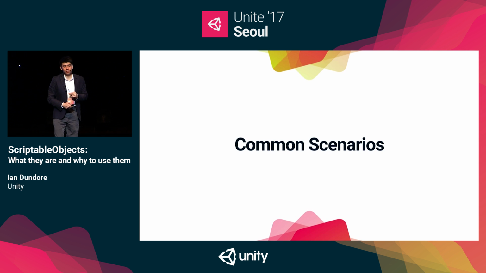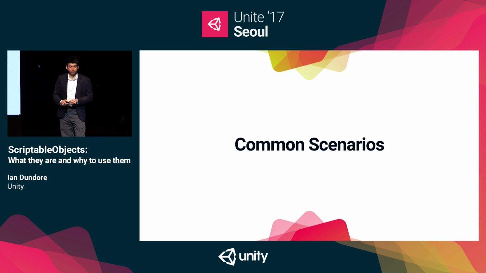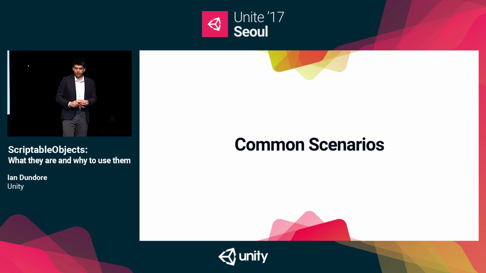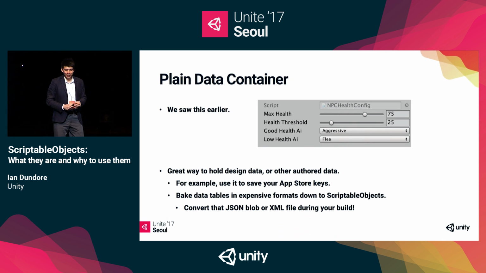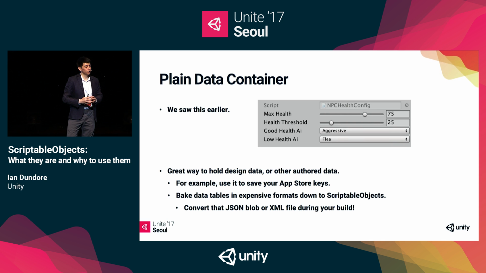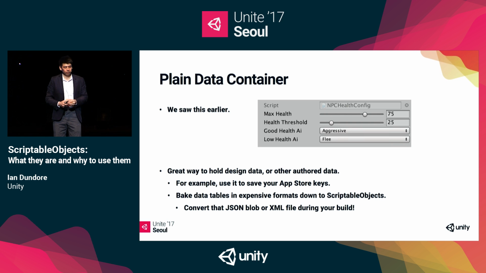Okay, let's look at some common patterns for using scriptable objects. This is probably the part you all came here to see. Okay, the first way to use scriptable objects, just a plain old data container. We looked at this earlier. Scriptable objects are a very good way to just hold data, both during development and at runtime.